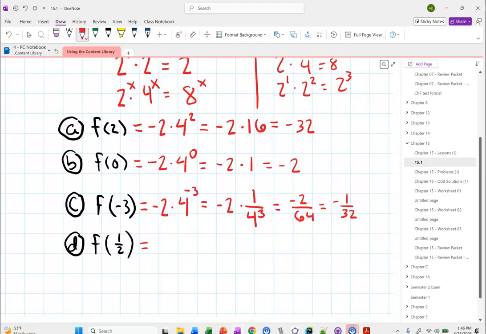All right, if I'm doing f of 1/2, what happens here? I don't know. Man, it's the same thing, right? You substituted the x. What do you do with a fractional exponent? How do you deal with that? Yes, so fractional exponents indicate a radical.